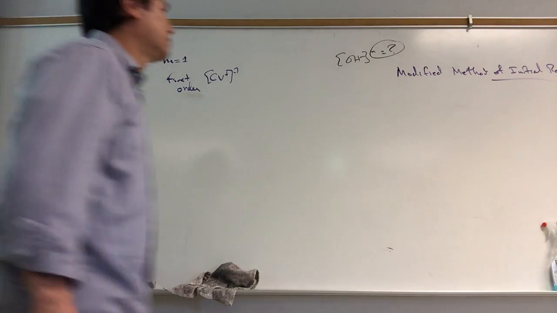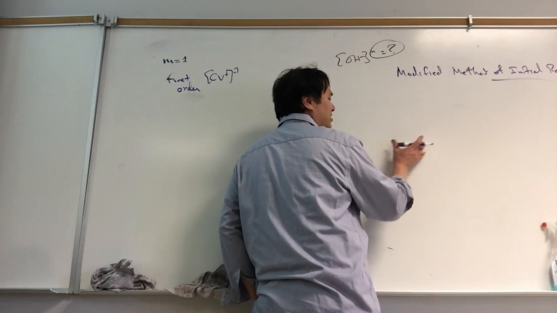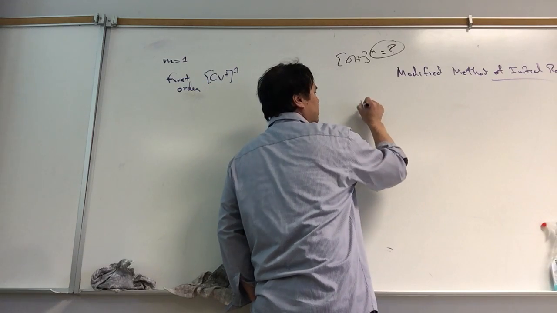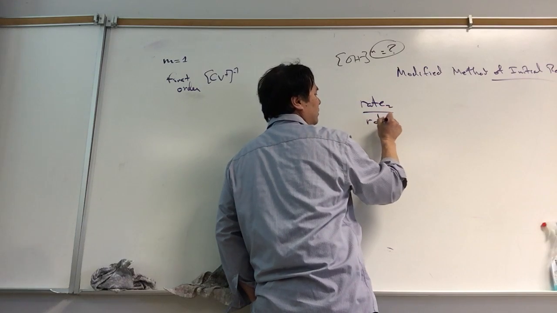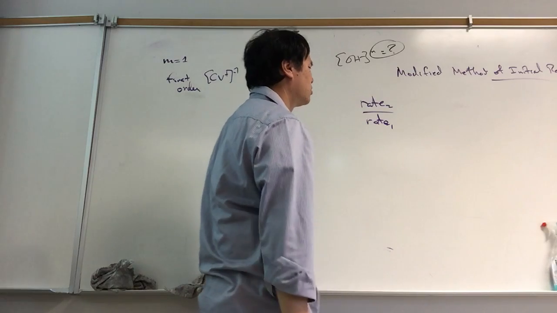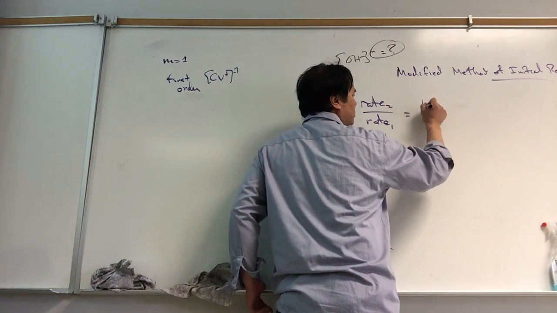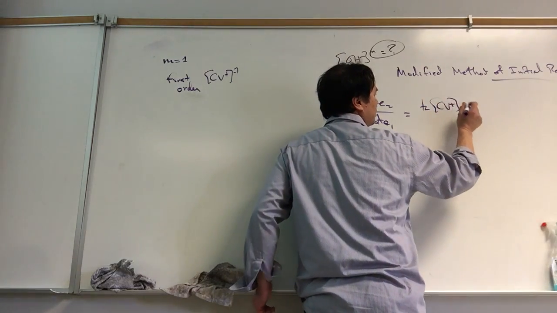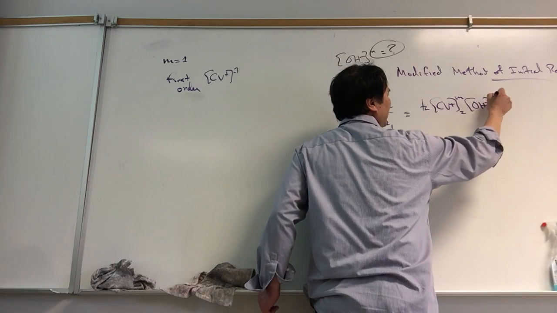Let's take a look at the math that's involved here. Because we're doing it pseudo M order, we have some additional data that we could use. And that is, rate 2 is actually faster than rate 1, because there's a higher concentration of hydroxide. So when we do rate 2 over rate 1, rate 2 is going to equal k times the crystal violet concentration 2 to the m times the hydroxide to the n.